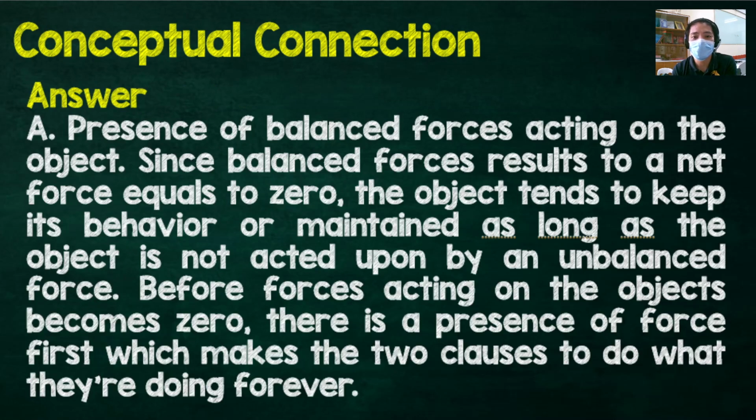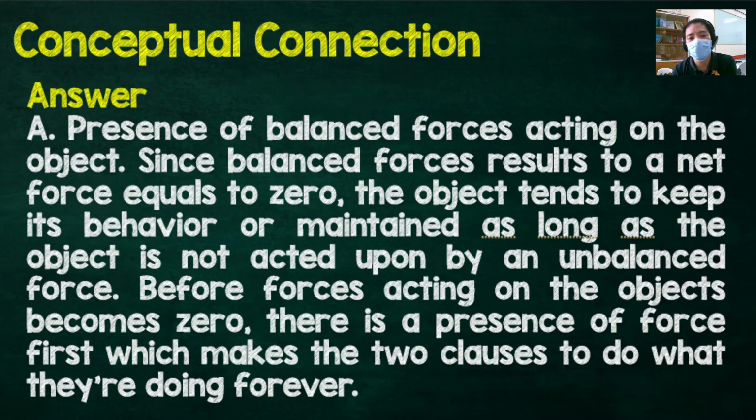It is because of the presence of balanced forces acting on the object. Since all objects are affected by the forces that surround them, there are forces that cancel out because these forces act on the object as balanced forces.